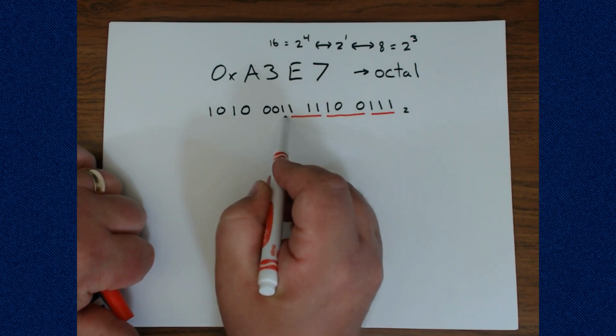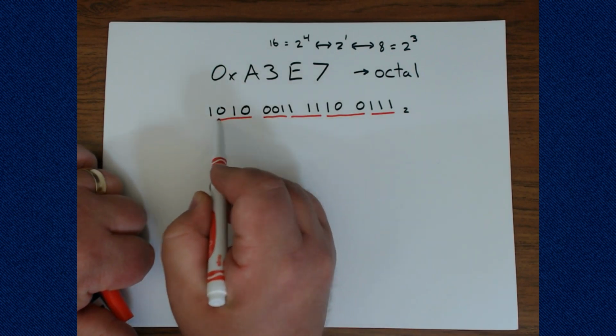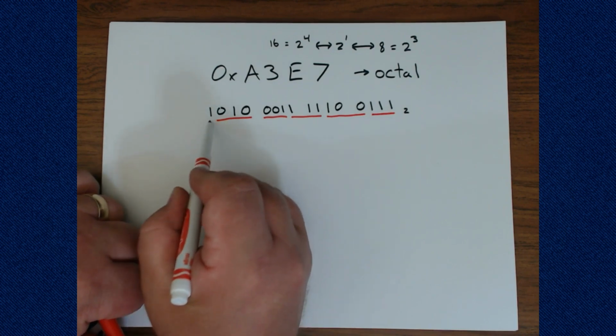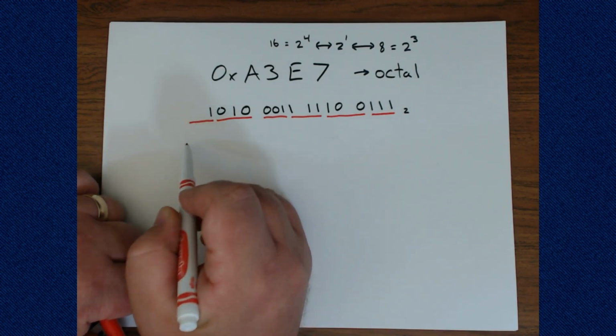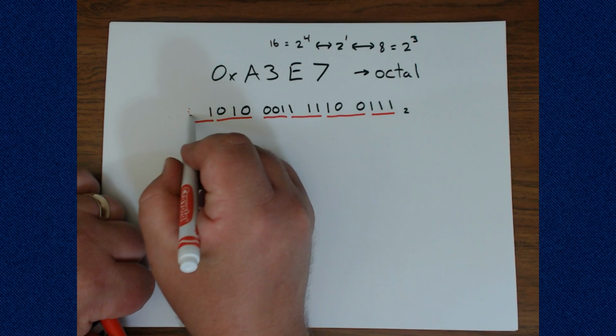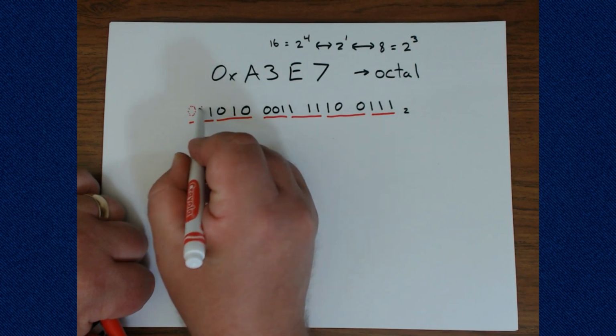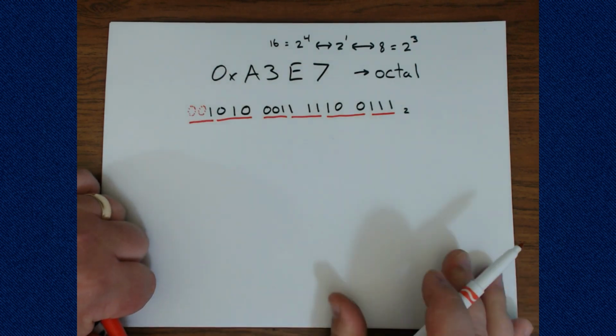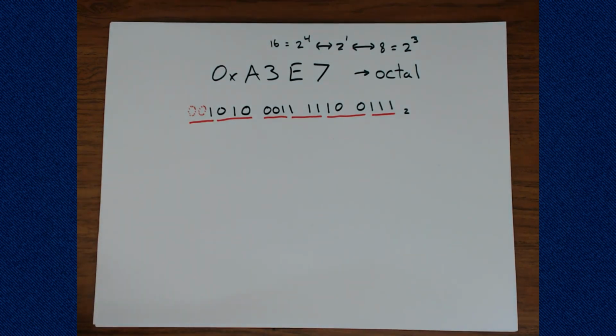There's 3. There's another 3. Here's 3. Now, I have 1 bit left, but realistically, it's just as good as 3 bits with some mysterious ghost zeros in the front. So we really do have an extra 3 bits leading this.